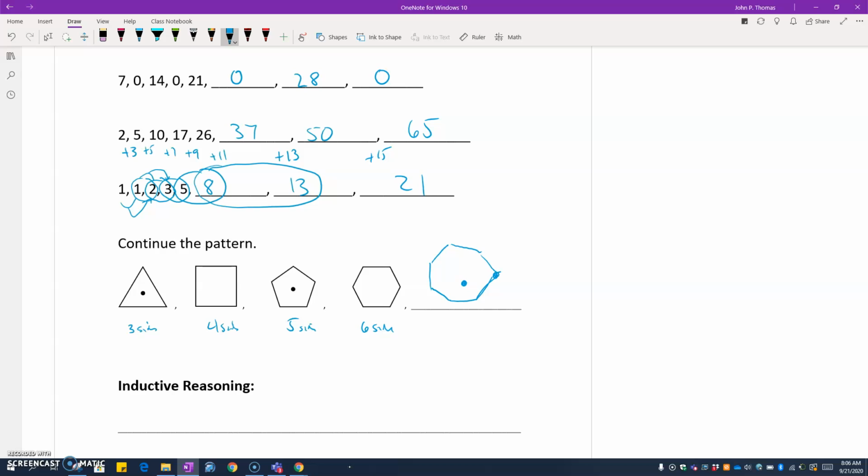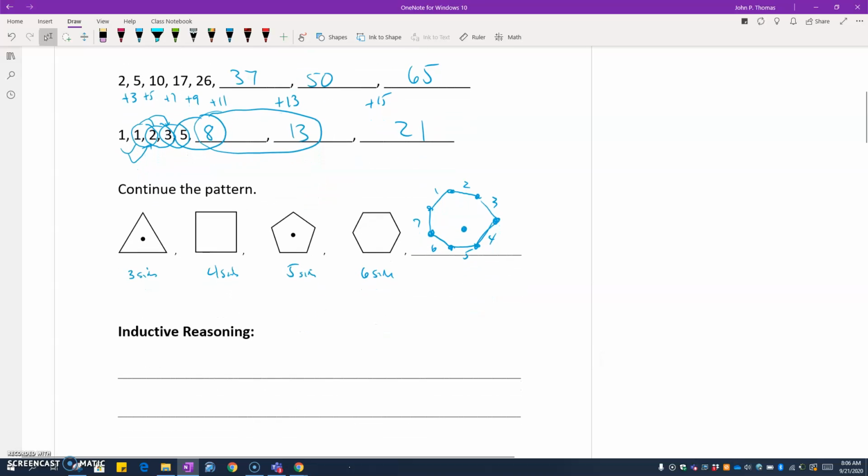That was my best attempt at a heptagon right there. So we've got 7 sides, 1, 2, 3, 4, 5, 6, and 7. And it should be regular. My hand drawing is not the best.